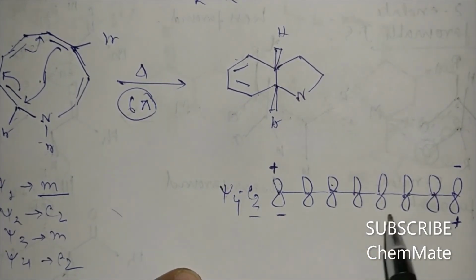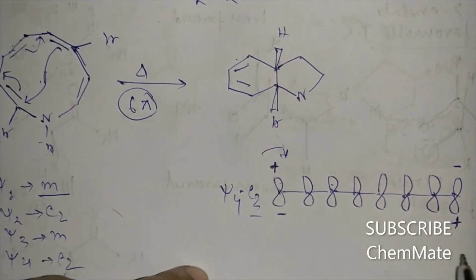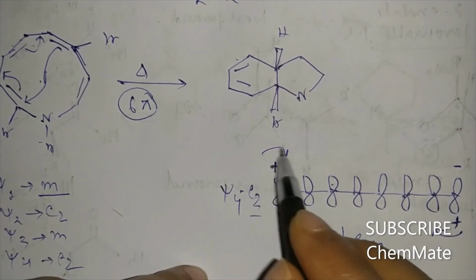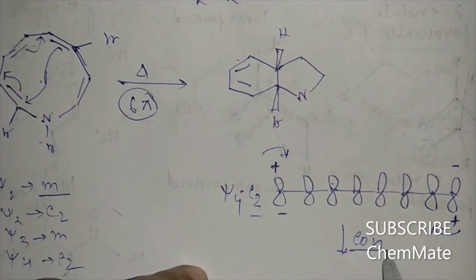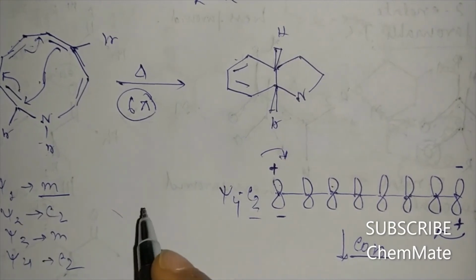So now for ring closing reaction, here the clockwise direction, here also the clockwise direction. So for ring closing reaction, we need conrotation. If both these carbons rotate in clockwise direction, then this rotation is called conrotation. For conrotation, what will happen?